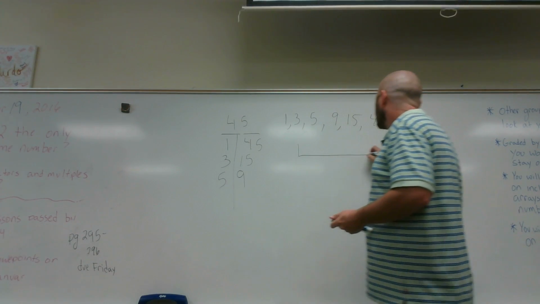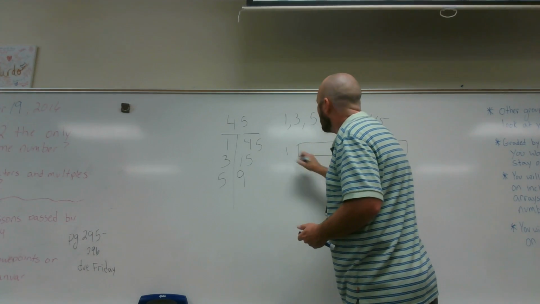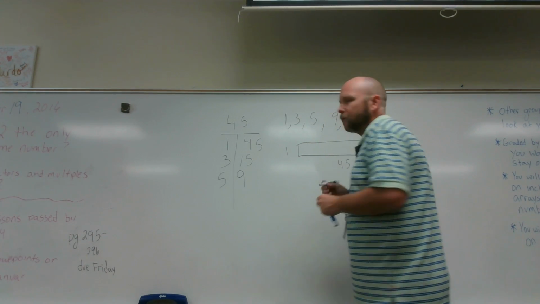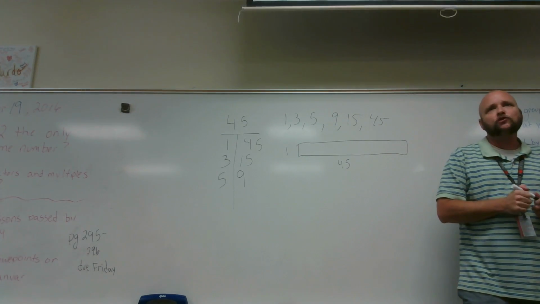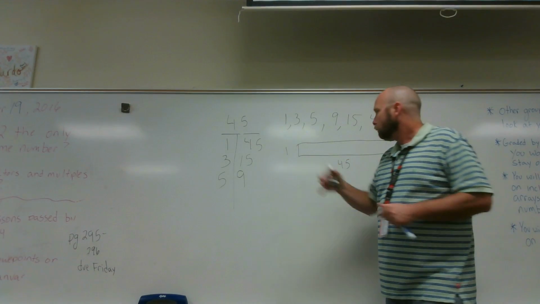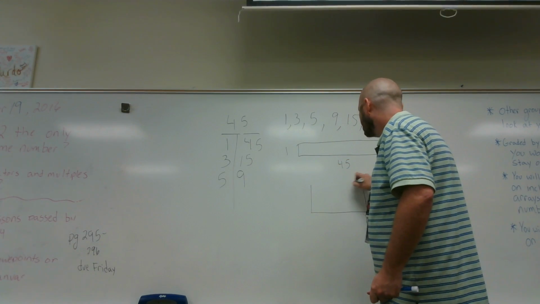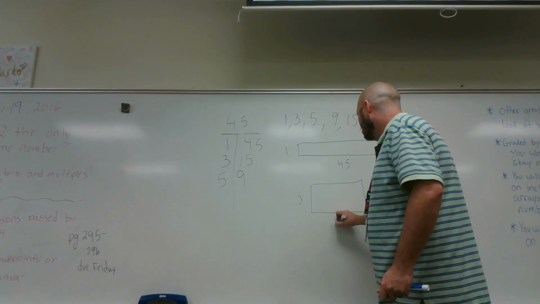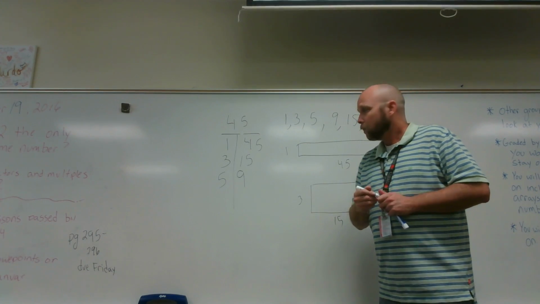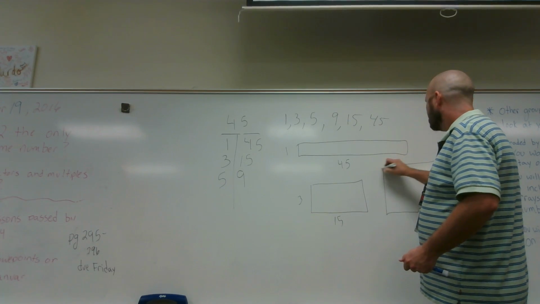A factor array for 45, and I'm not going to draw all the squares in it, would be 1 and 45. That would be a factor array for 45. But there are more. 3 and 15. So 3 by 15. And there'd be one more. 5 and 9.